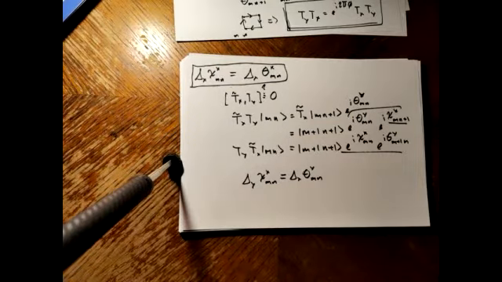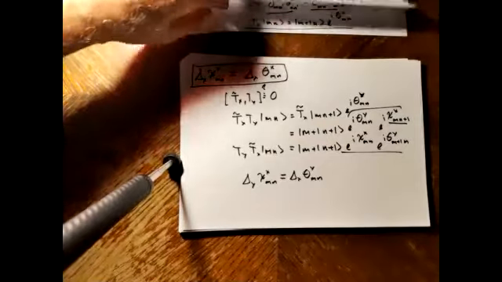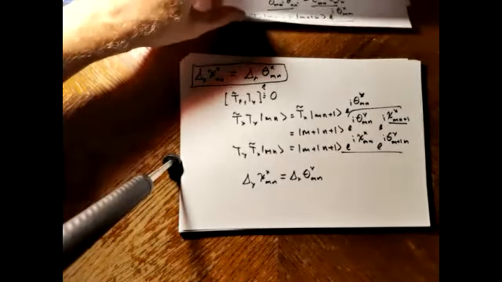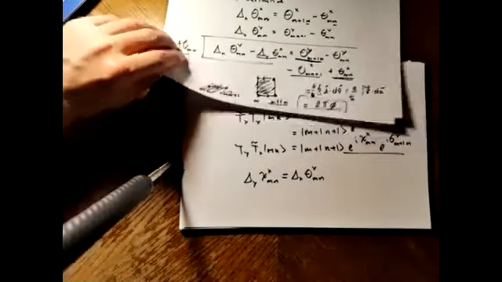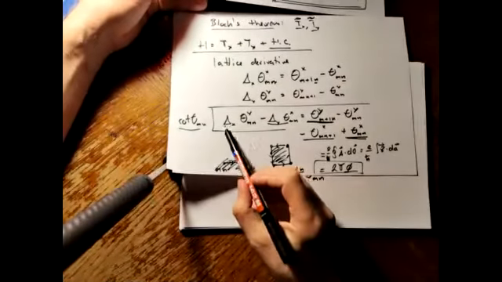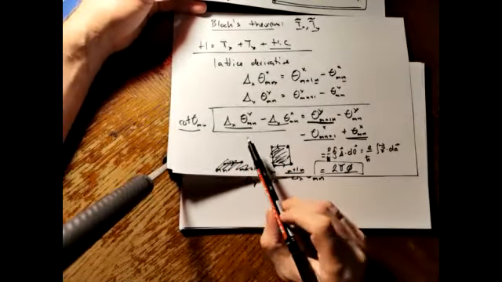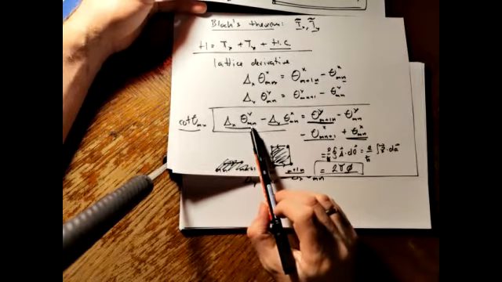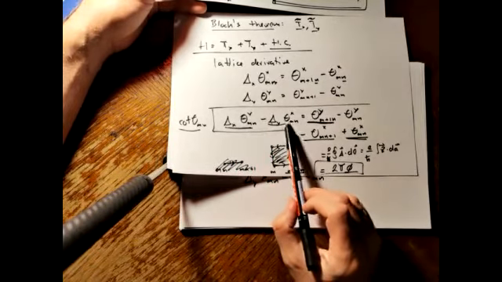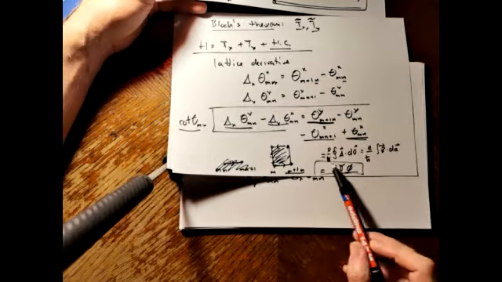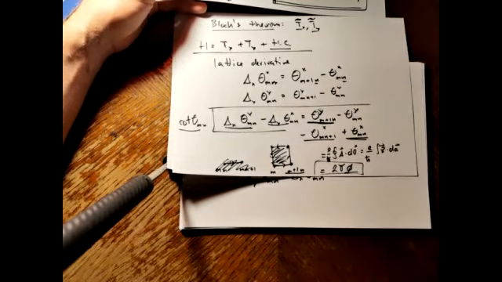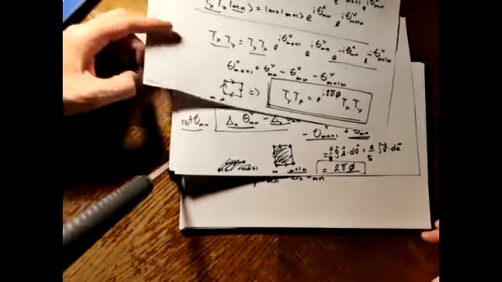I'm going to go back to my result that I derived earlier: Δx θy(m,n) minus Δy θx(m,n) is equal to 2π times φ. This is what we showed on the first or second page.